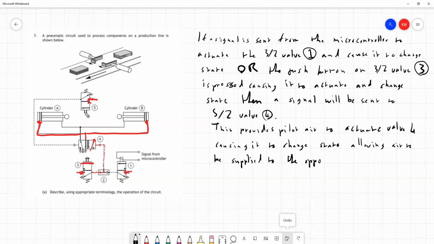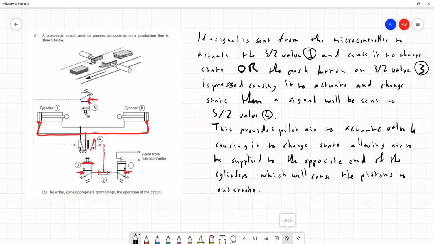Now, we won't call it left or right because the left of one is the right of the other, so we'll call it the opposite end of the cylinders because it's currently being supplied in the inner side, if you like, to keep these pistons in-stroke, the opposite end of the cylinders, which will cause the pistons to outstroke.